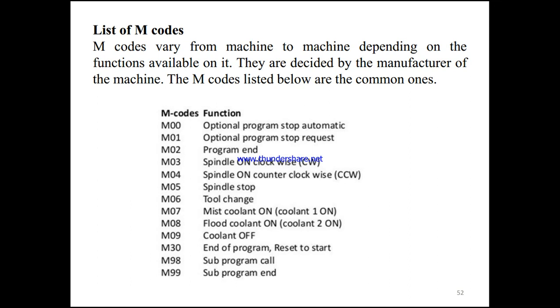So different types of coolant we are having, that is mist form or flood coolant. M09 is coolant off. M30 end of the program or reset to start. M98 subprogram call, M99 subprogram end. So like this we are having the M codes, which depend upon the machine and upon the manufacturer.